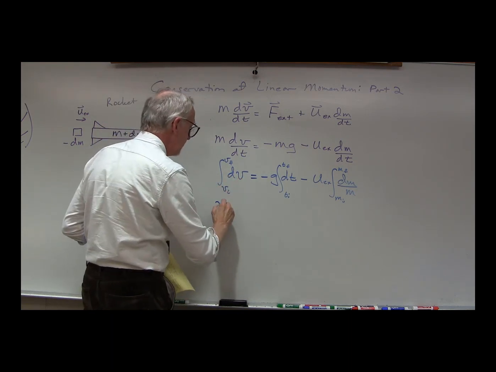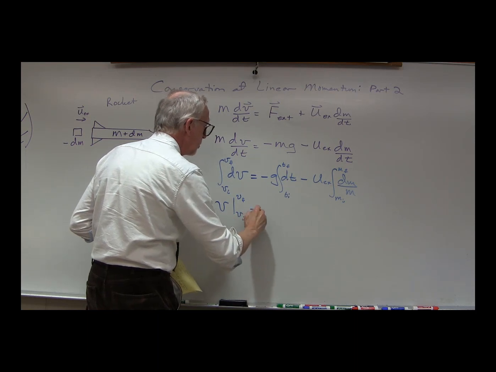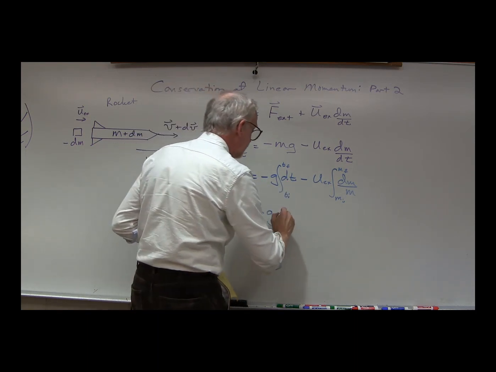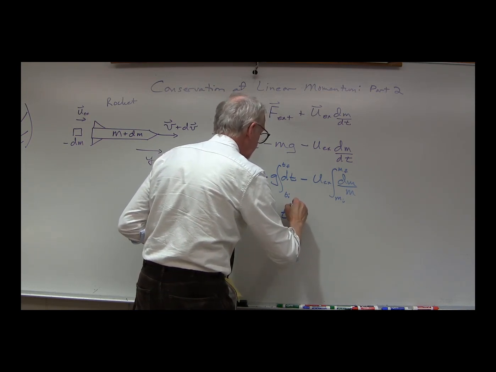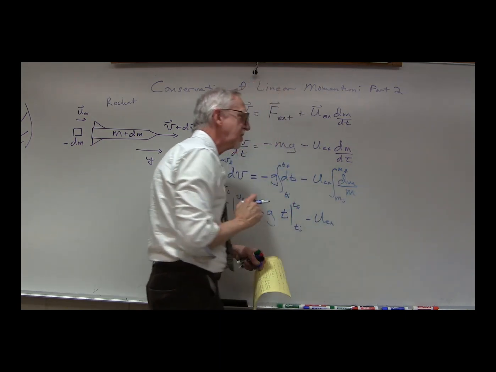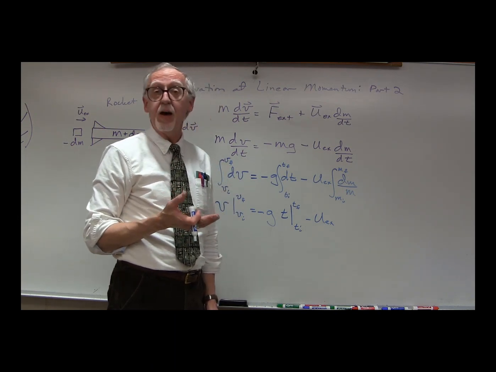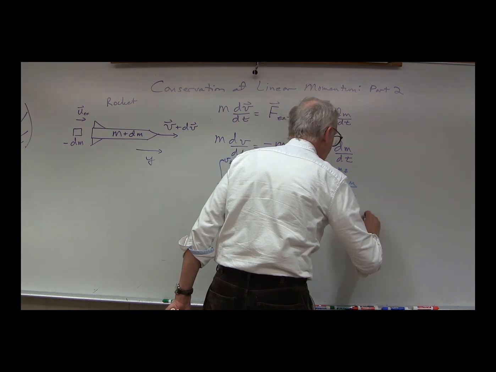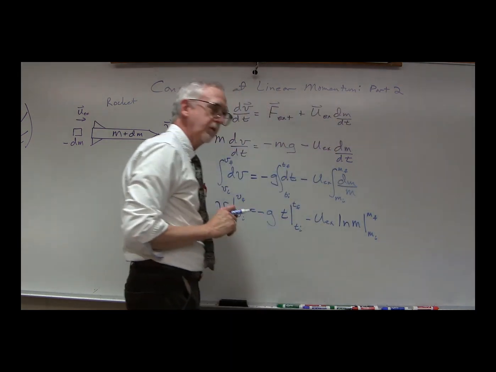That is just v, evaluated from v initial to v final, equals minus g, what's the integral of dt? That's just t, evaluated from t initial to t final. Minus u exhaust. What's the integral of dm over m? That's the natural log of m, evaluated from m initial to m final.